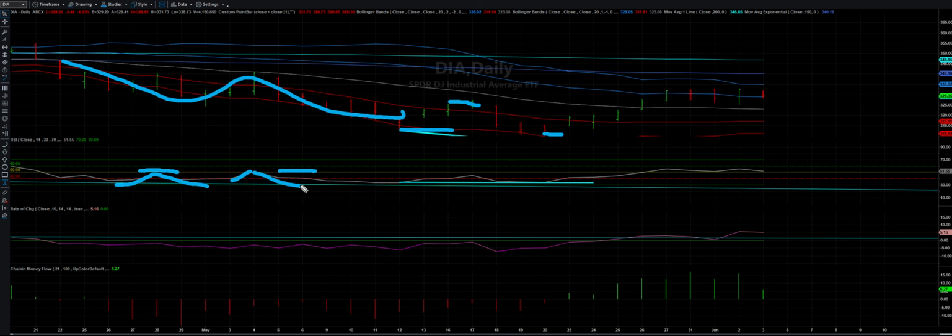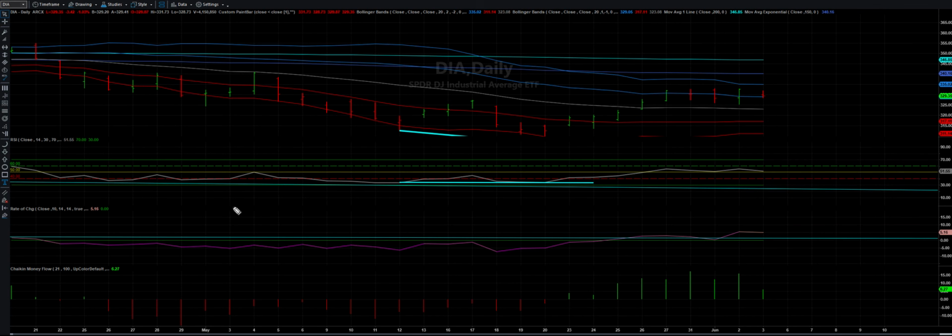Traded right up to the yellow line, rejection. We finally got above the yellow line, which is the 50 level, and we held support. And now we're right back at it. So if prices continue to move down and this RSI breaks back below 50, that's showing that the momentum might be starting to move to the downside.